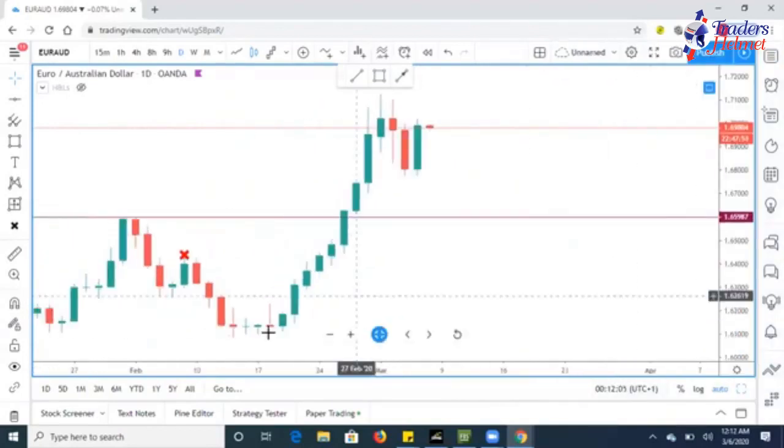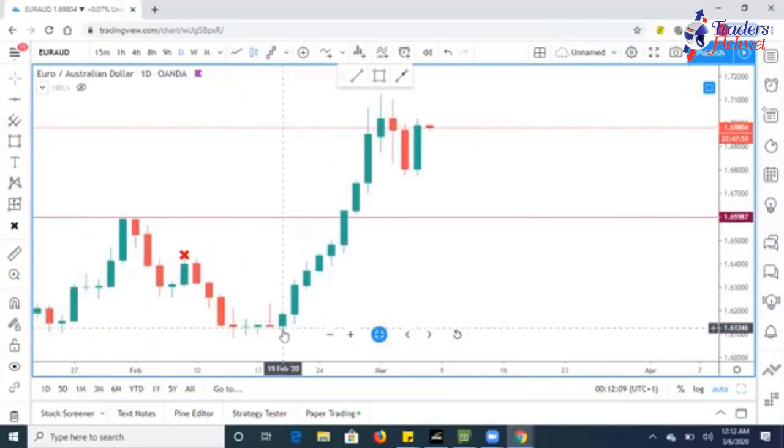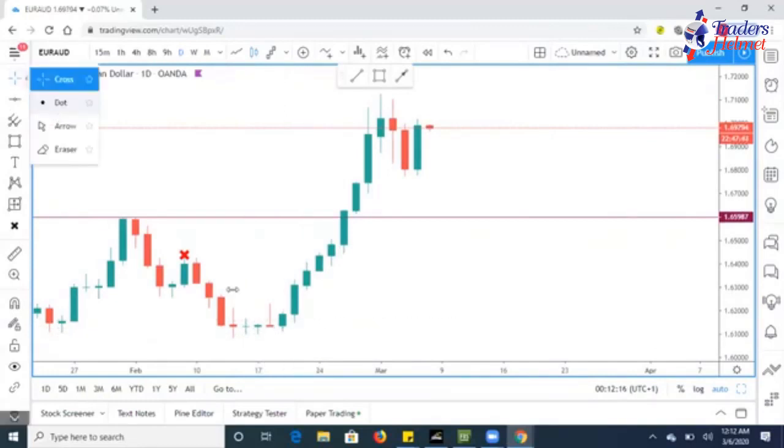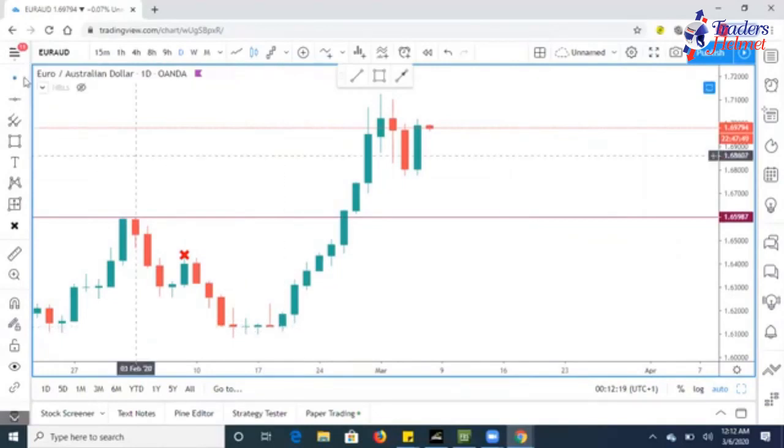Notice when price decided to go back upwards. This is a daily candle. Notice that price was on a bullish move, but it always did something before going back up.